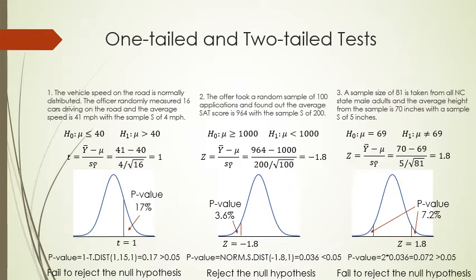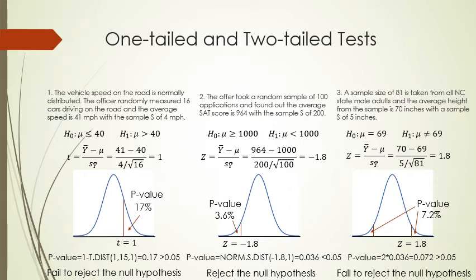So the p-value is less than the significance level alpha of 0.05, and we reject the null hypothesis. At the 5% significance level, there is enough evidence to conclude that the average SAT score of the applications during the last 3 years is less than 1000.